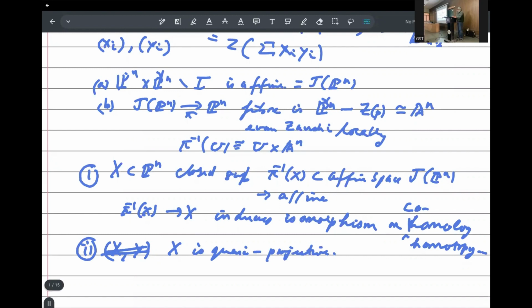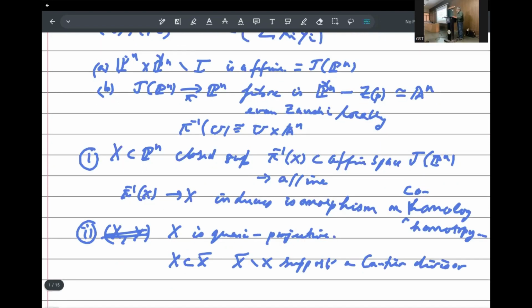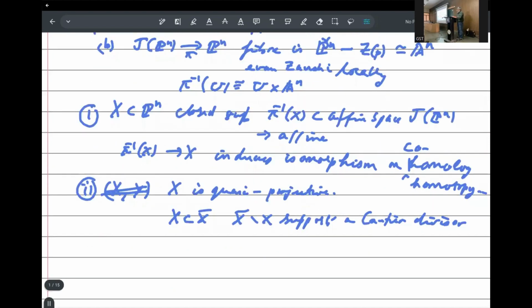So certainly you can embed x inside some x bar, and by blowing up the complement, you can assume that x bar minus x is a divisor. Right? So you can replace x by x bar, and now for x bar we have already done the construction.